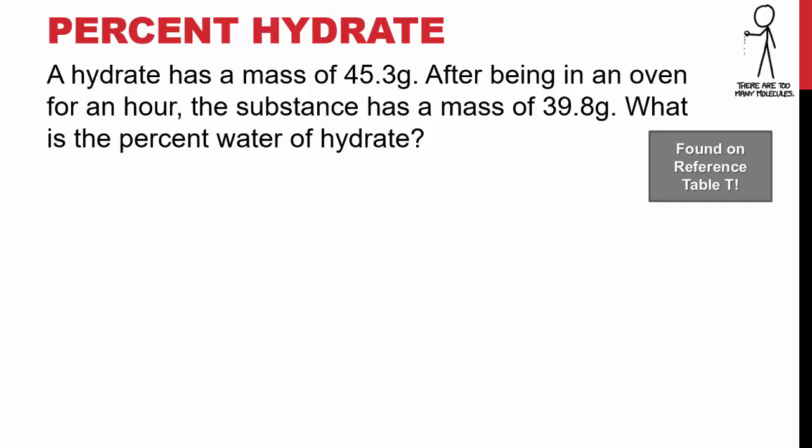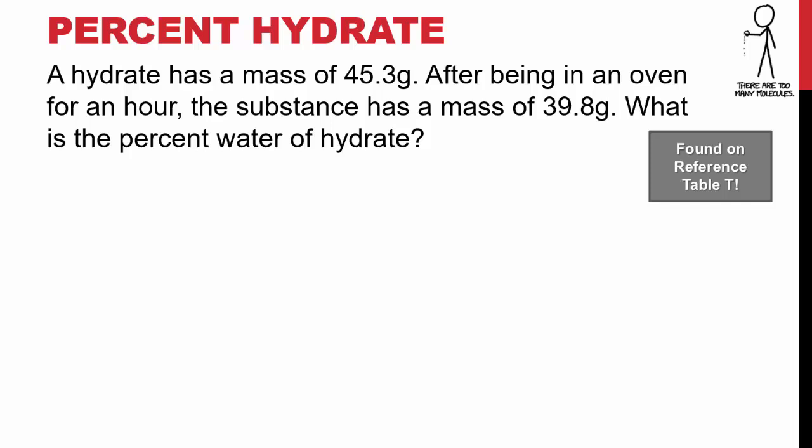In this problem, we're also noticing that we don't have any exact compounds. So in the beginning, it says a hydrate that has a mass of 45.3. That's going to be our whole, our entire hydrated compound. However, when our substance turns anhydrous at 39.8 grams, the difference between the only 2 masses that we give you can be determined to figure out how much water is being removed, which is our part.